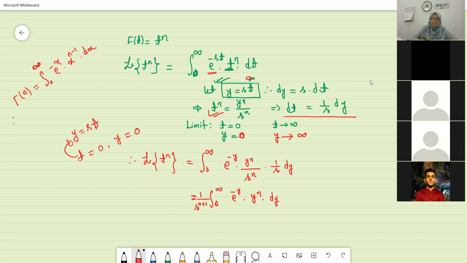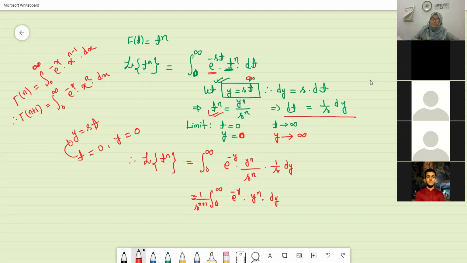Now, if I replace n by n plus 1, what will happen? It will be the integral from 0 to infinity of e to the power minus x, x to the power n, dx.